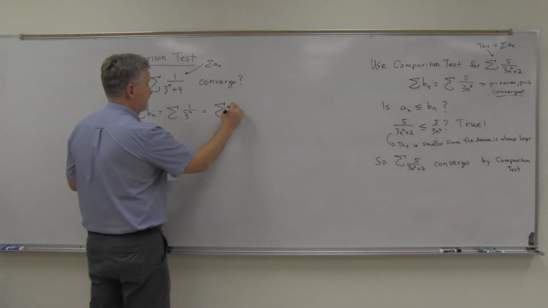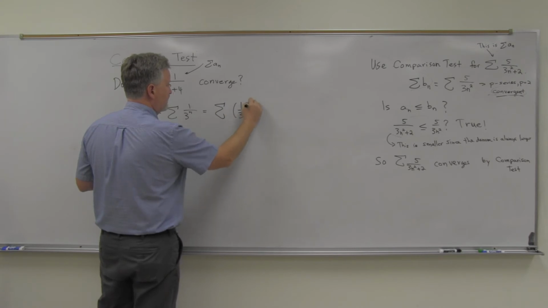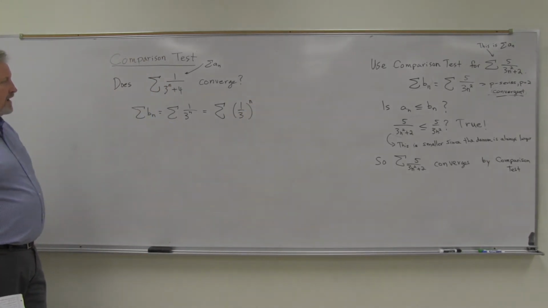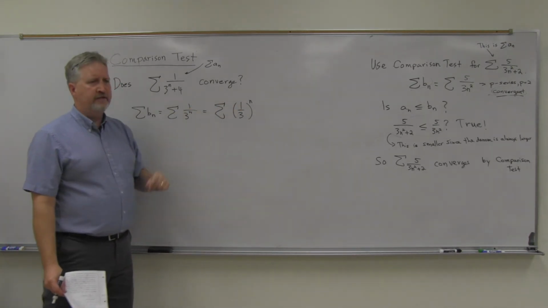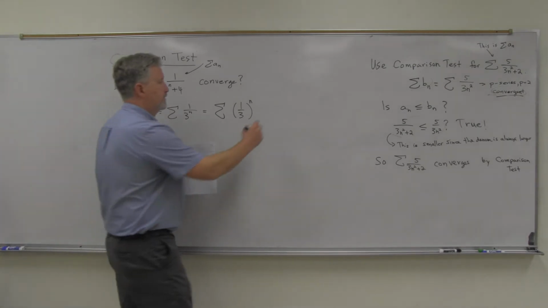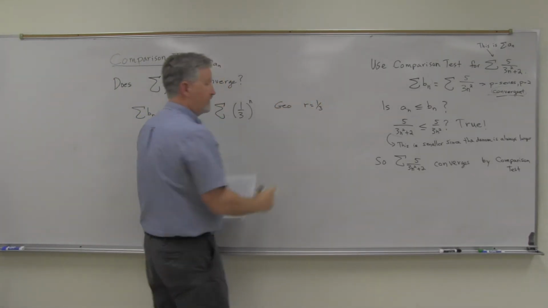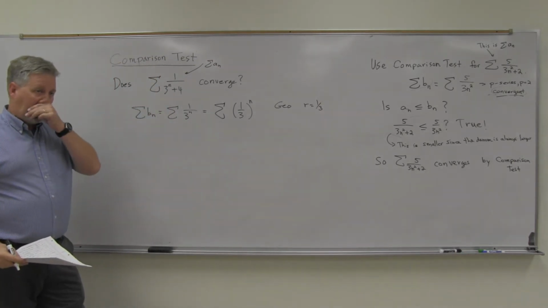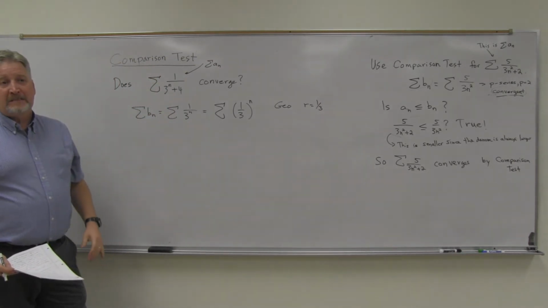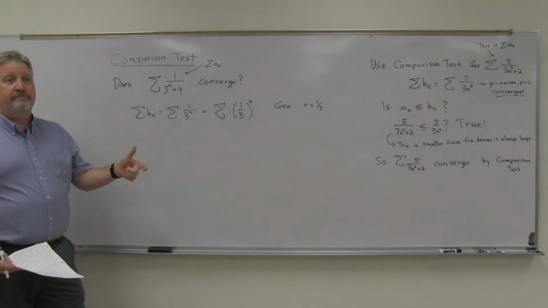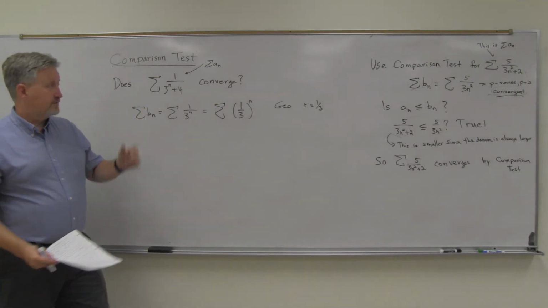We're looking at geometric, and probably put it into more of the geometric format. 1 over 3 to the n is the same as 1/3 to the n. So yeah, that's geometric with r equals 1/3. And how does the geometric series work? If r is between -1 and +1, it's convergent. So this one converges, right?